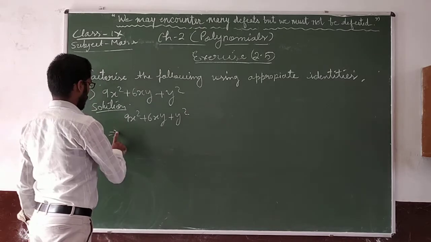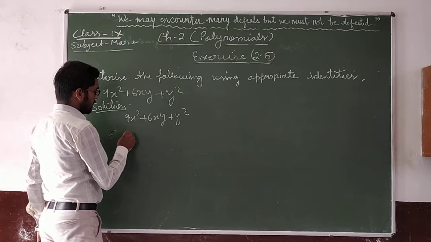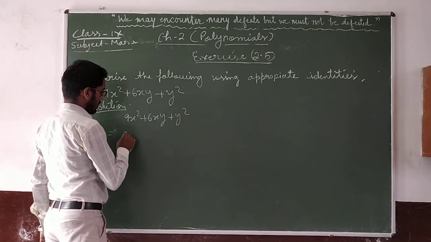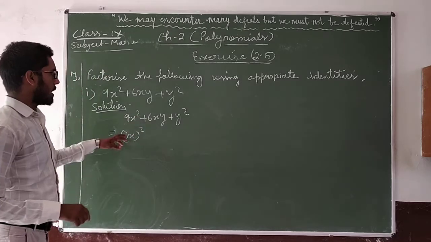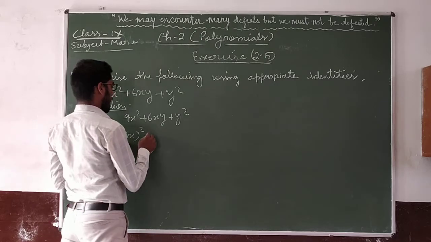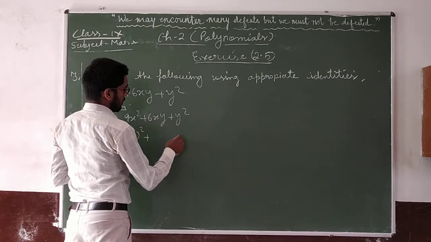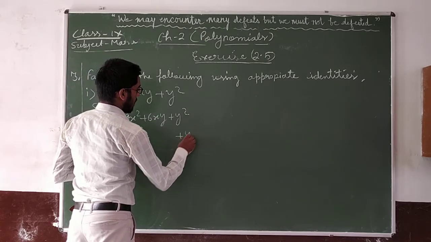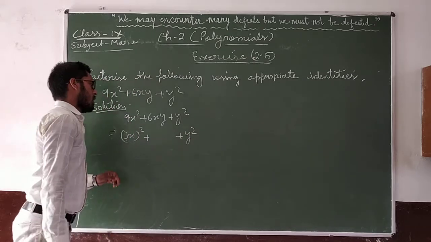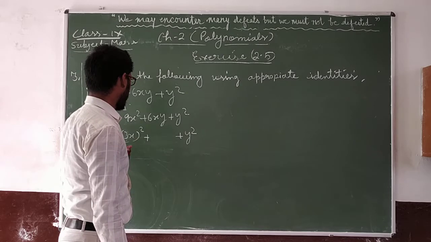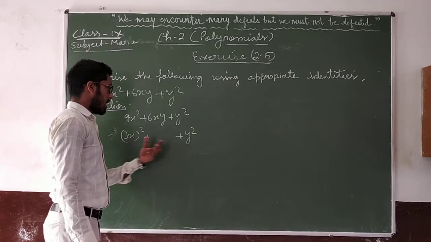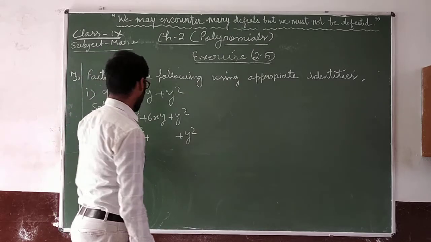Here, 9x square can be written as 3x to the power 1 square, plus y square. Always keep in mind it is an a and it is a b.